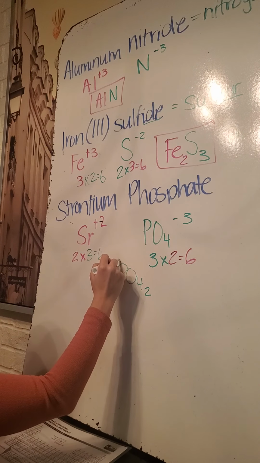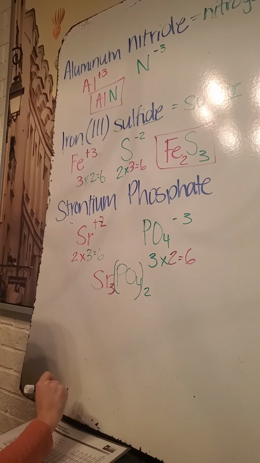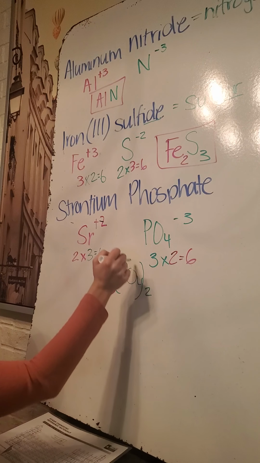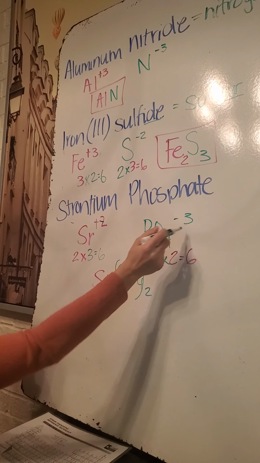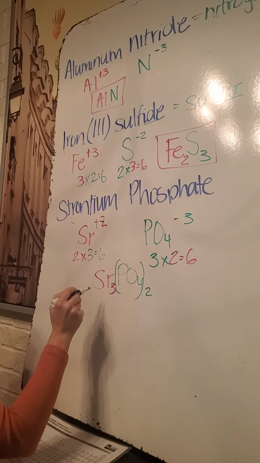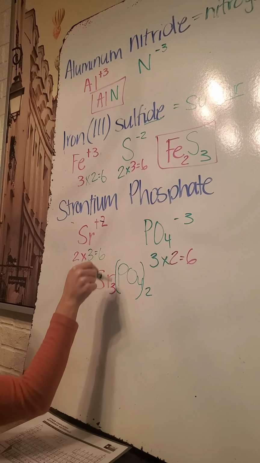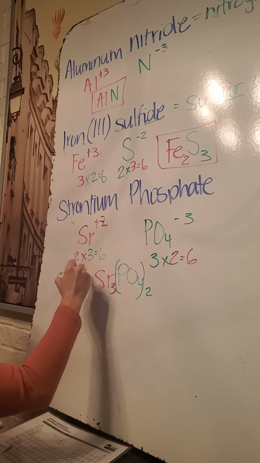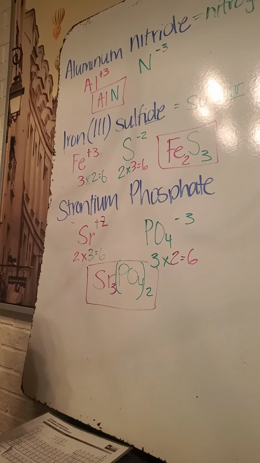So we are going to put our group in parentheses. When you see this, it's saying we have 2 of this entire thing. And we know that phosphate has a -3 charge, so there's our -6. Strontium has a +2 charge, so this is our +6. So overall, we have 0 as our charge, and this is our formula.